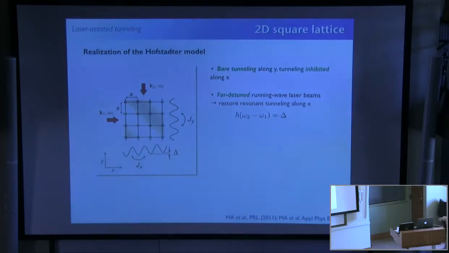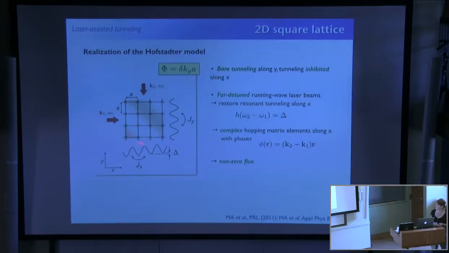And this is what introduces or restores the resonant hopping between neighboring sites, because now on each site, the local optical potential is time dependent, and it wiggles around with frequency omega and has a certain phase that varies linearly across the two-dimensional lattice. So this phase increases linearly along x and y. And what matters in the end, what sets the value of the flux that is penetrating one unit cell, is the projection of this wave vector difference on the y-axis.